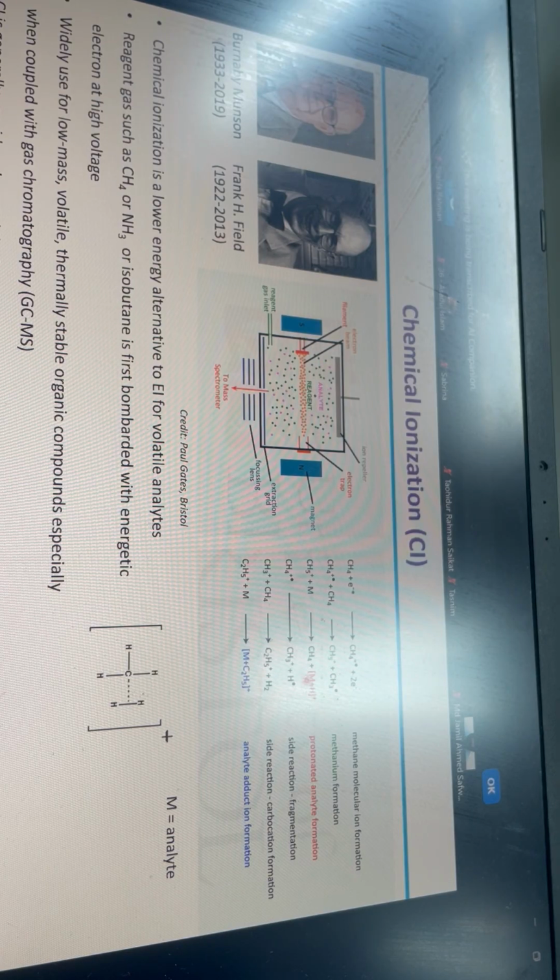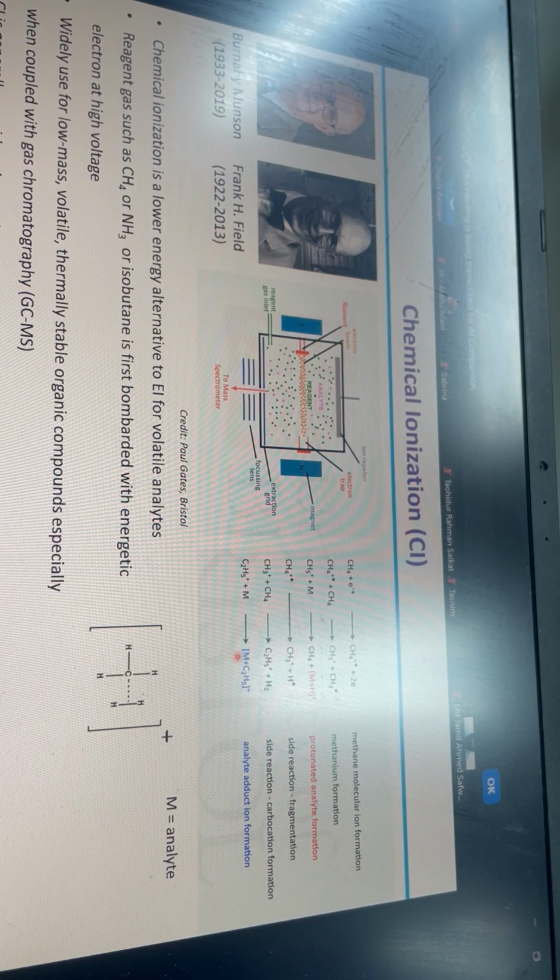But then a new problem started, because the gas kept reacting more and more with electrons and created more and more cations. All of those cations also interact with your analyte, and then you have a lot of adducts. Adducts means you have the analyte but something attached to that analyte.